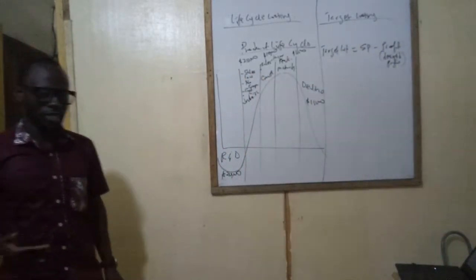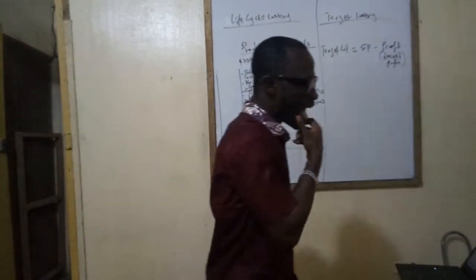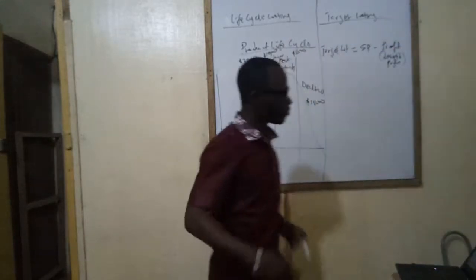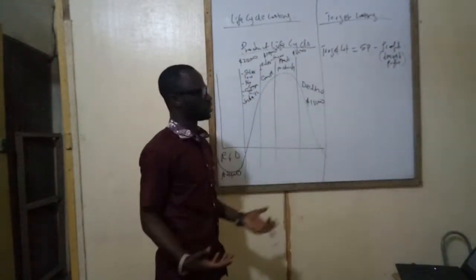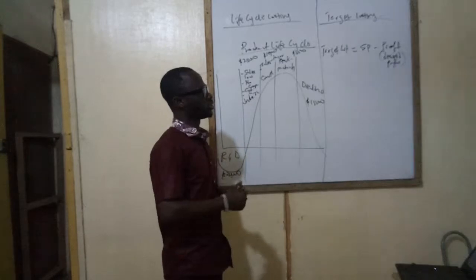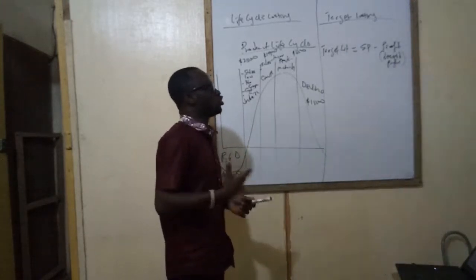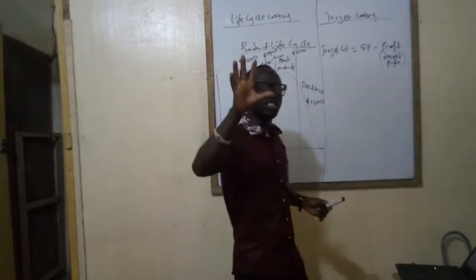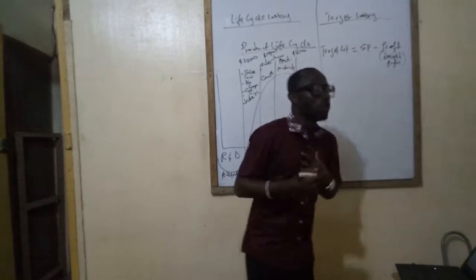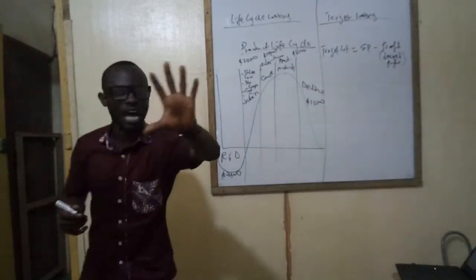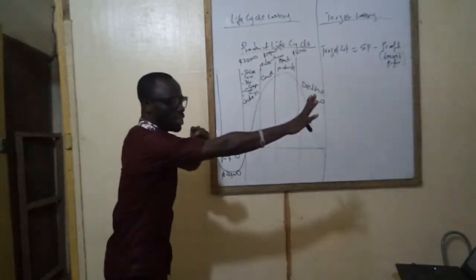Now, what does this mean? Let's say we are a clothing manufacturing firm. So we produce clothing using wooden materials. And we want to make a certain profit on each sale. So let's say we want to make a profit of $5,000 on each sale we make.